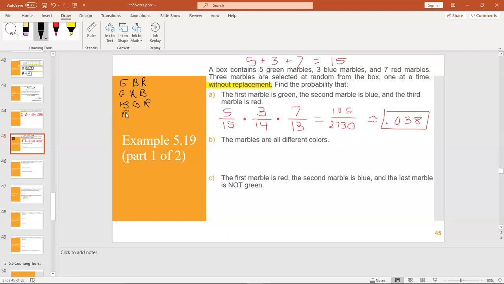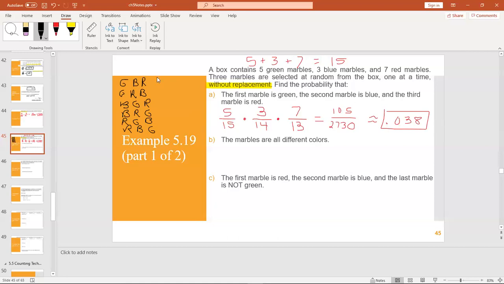Or you could have a blue, a red, and a green. There's 2 different ways the blue could be first. And then lastly, you could have red being first. You could have red, green, blue, and then red, blue, green. So altogether, there are 6 ways that can happen. Now, it turns out with the fractions and multiplying, you're still going to get this same fraction or this same decimal, 0.038.